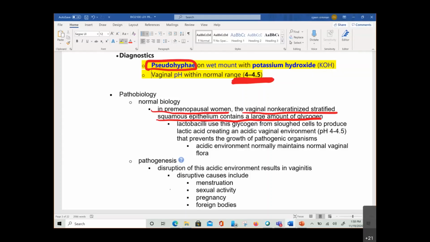Lactobacilli, which is a bacteria that makes up part of the normal vaginal flora, uses glycogen from the sloughed cells to produce lactic acid and thereby creates an acidic vaginal environment. This, therefore, prevents the overgrowth of pathogenic organisms.